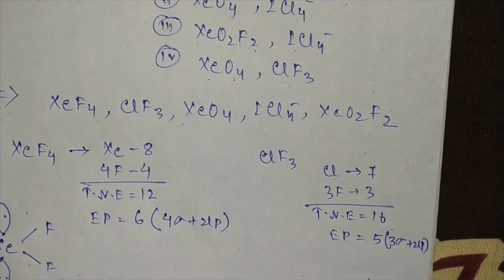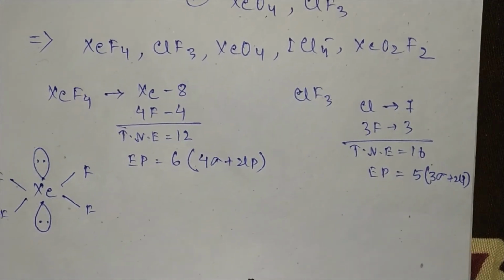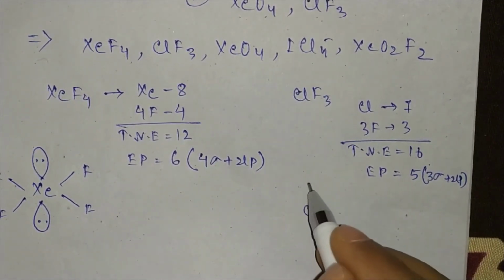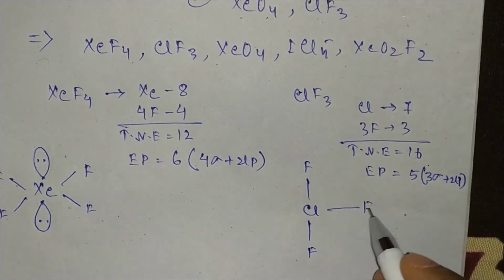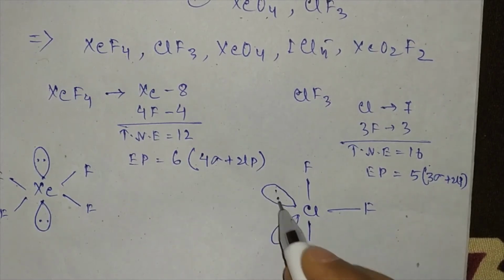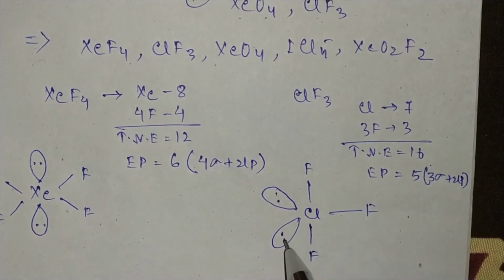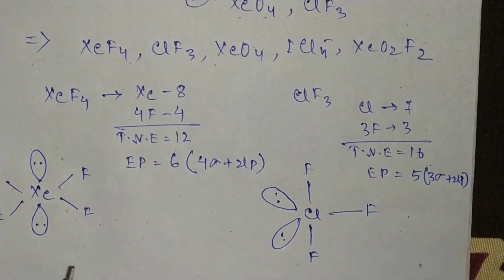Here the hybridization will be sp3d. So the structure will be Cl, and these lone pairs will occupy the equatorial position because here the repulsion will be minimum.